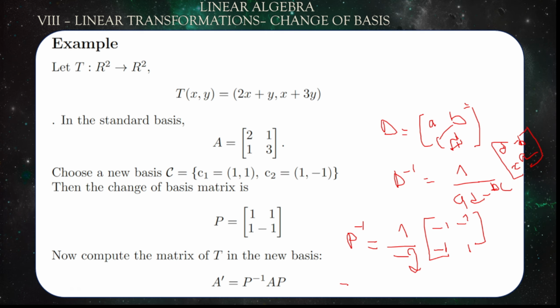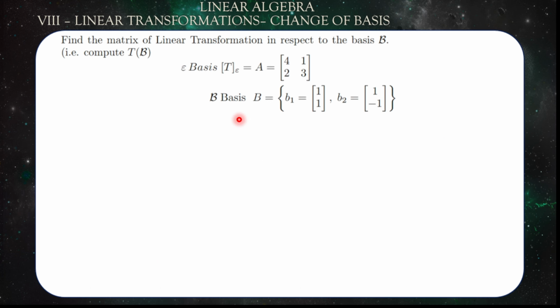The final answer would be 1/2, 1/2, 1/2, minus 1/2. So this is P minus 1. You multiply it by A and P, and you finally get A prime, which is the projection, or the image of this matrix on a new coordinate system.